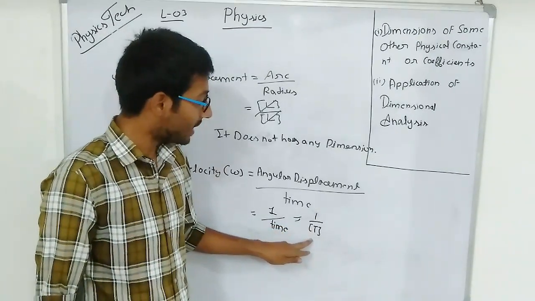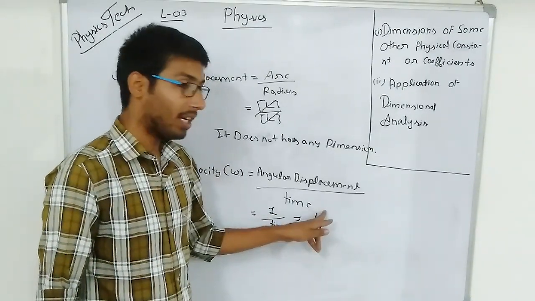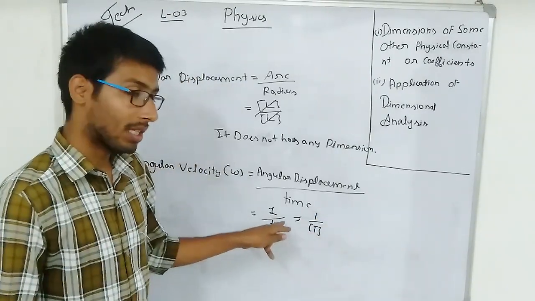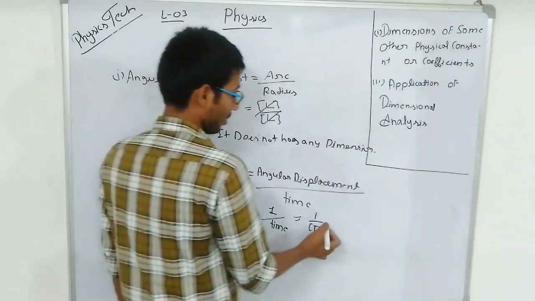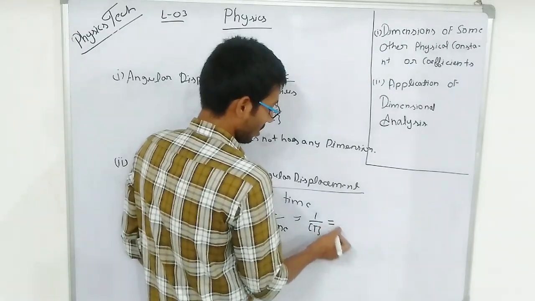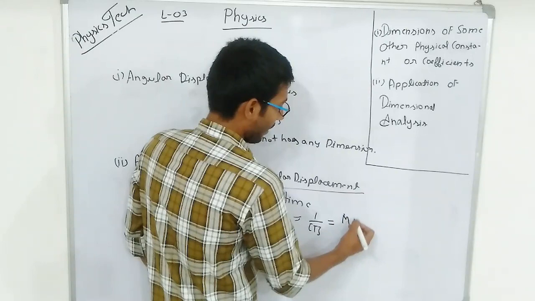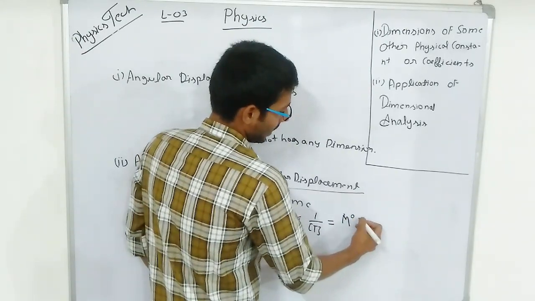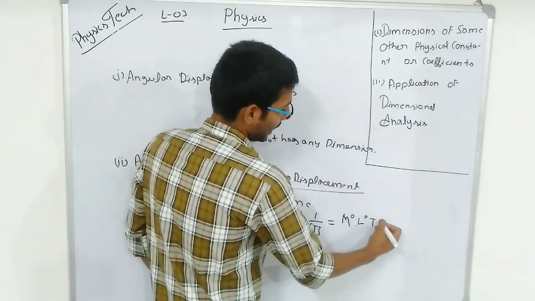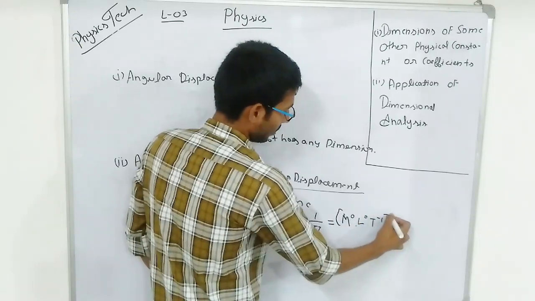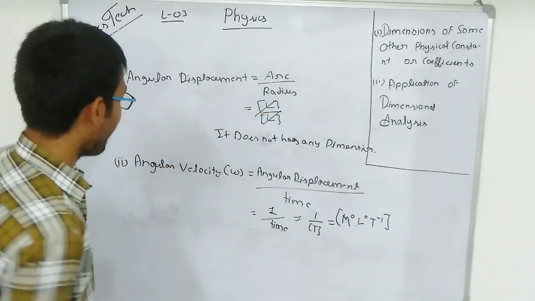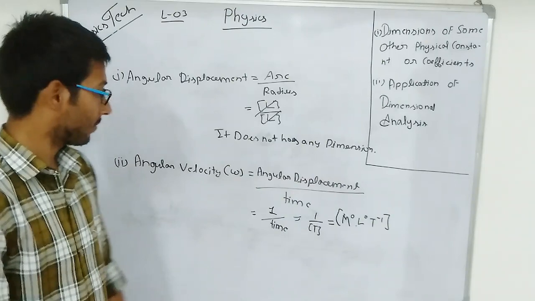So we change the denominator into the numerator by changing the sign of the power. So here M base 0, L base 0, T base minus 1. Okay, dimension of angular velocity.